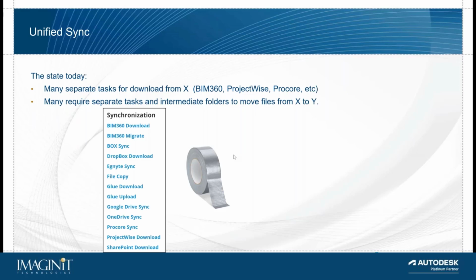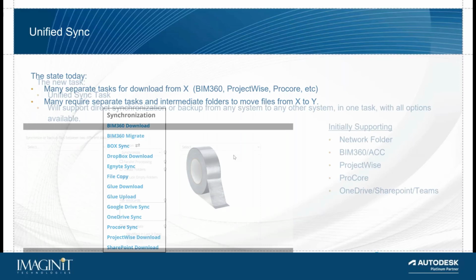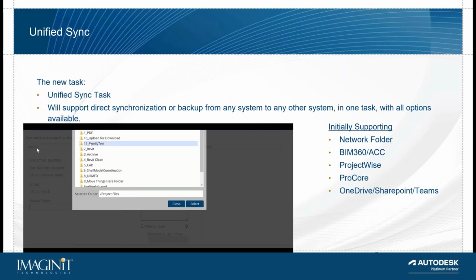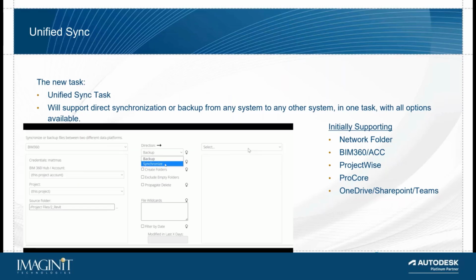So ultimately, you just click on the left side and pick which system it's coming from. Pick on the right side what system it's going to, and whether it's a synchronization back and forth, or just sending the left side over to the right side.